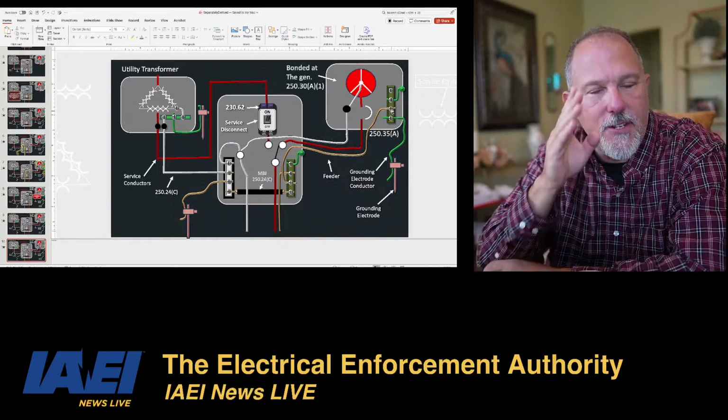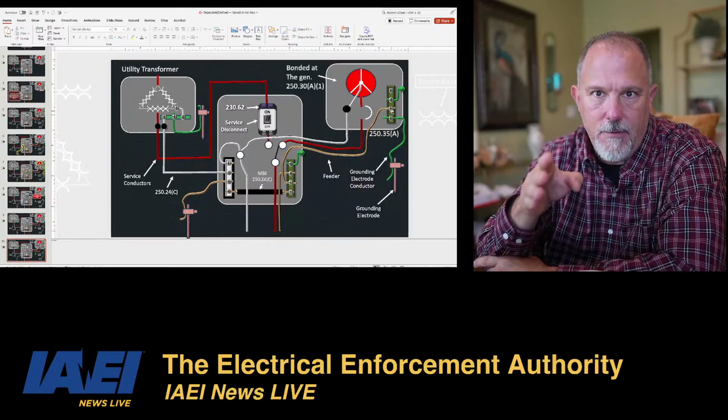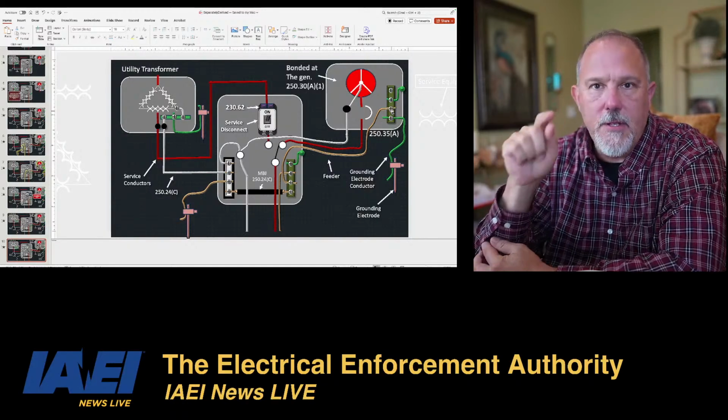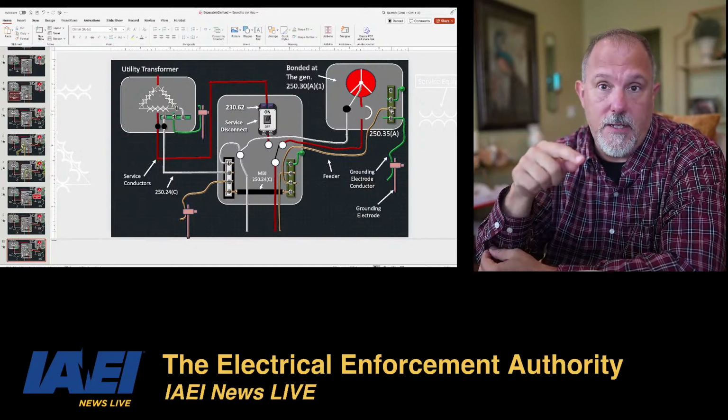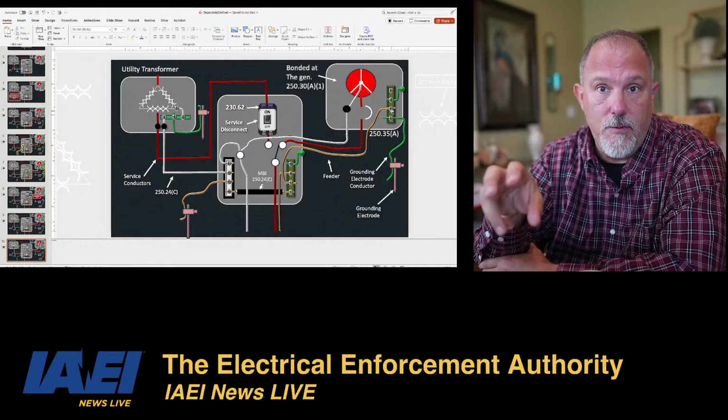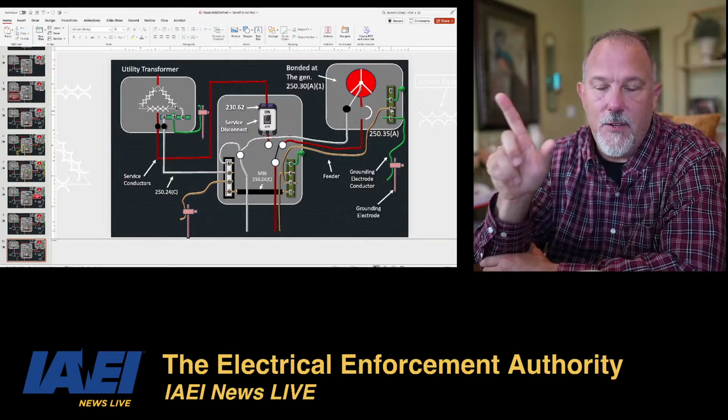And if you go to the instructions on a generator, you will probably see, I know you will definitely see, instructions that tell you that that's all you have to do.